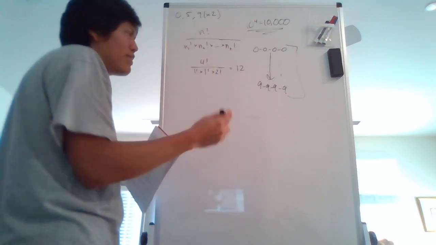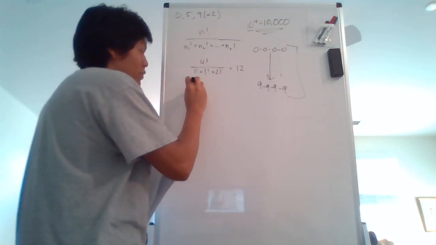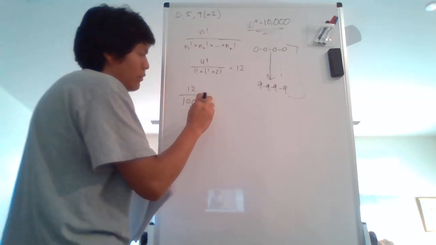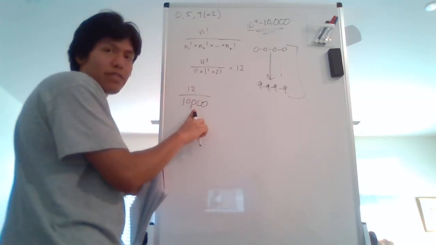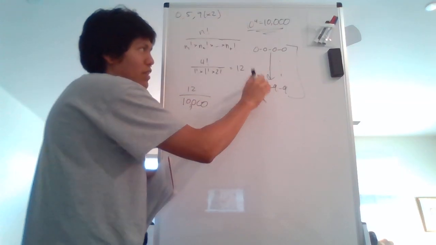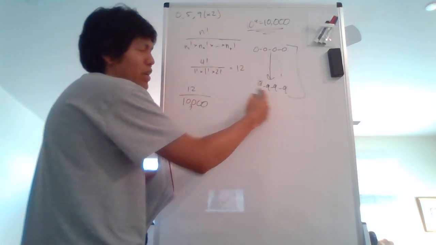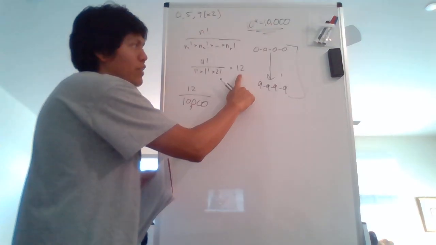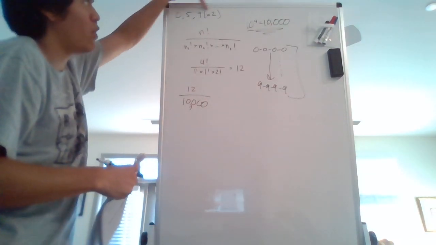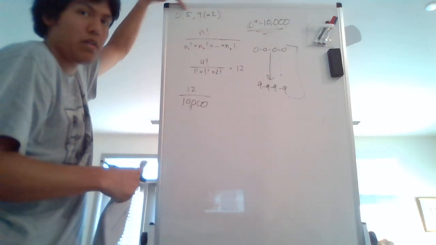So in this case, the answer to the question would be 12 over 10,000. Again, 10,000 is the total number of 4-digit orderings we can have. And 12 is the total number of orderings we can have with only these 4 numbers up here.